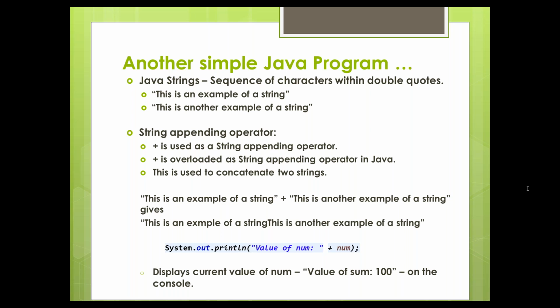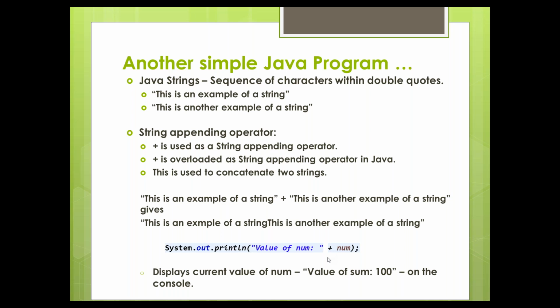So how do you access a value in a variable? You just name it, like I have named it here: num. The very important point to understand is that we are using plus here.